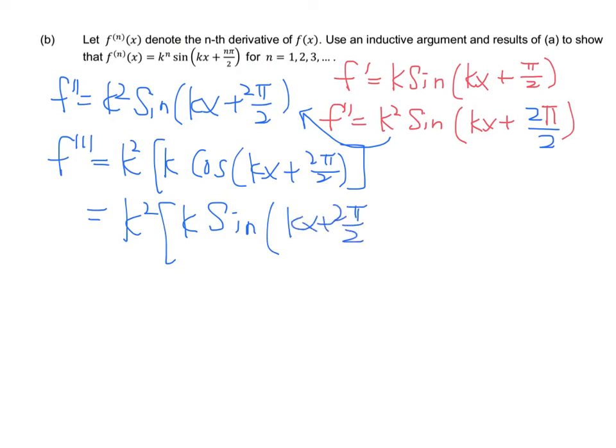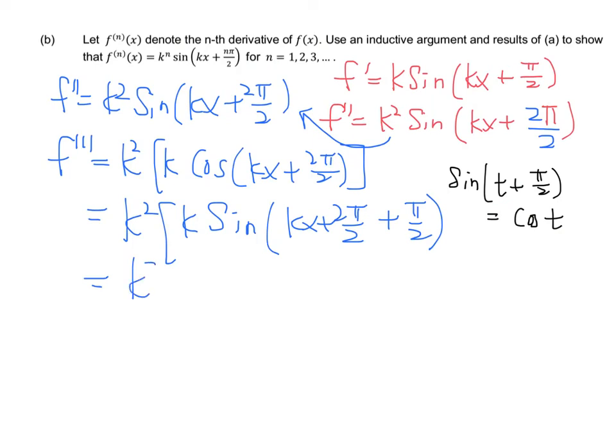The identity says that we add pi over 2 here, and in case you don't remember what that identity is, it is this one: cos t is equal to sine of t plus pi over 2. And so now this gives us k cubed, and this is going to be sine of kx plus 3 pi over 2.